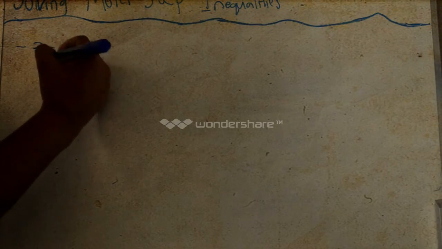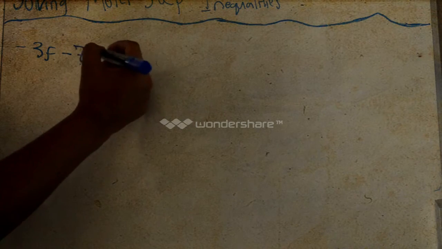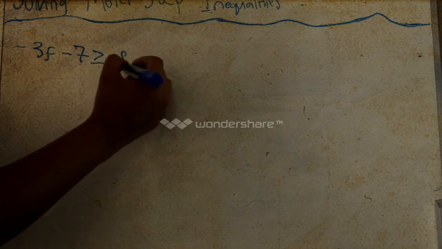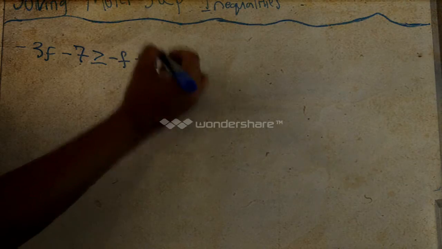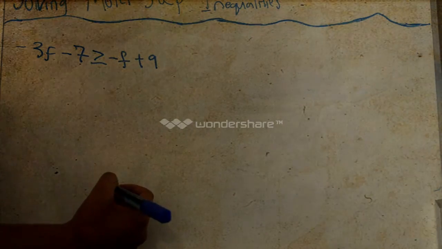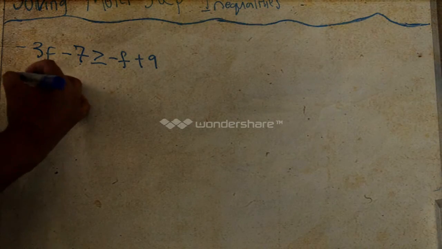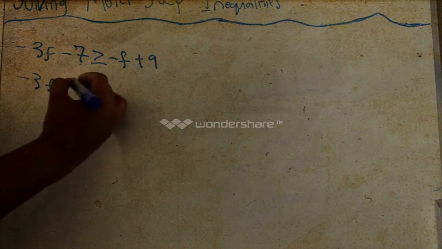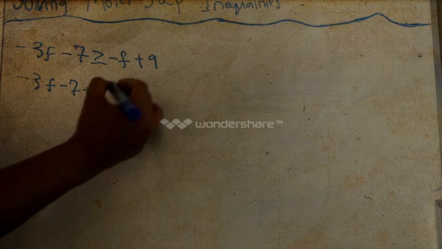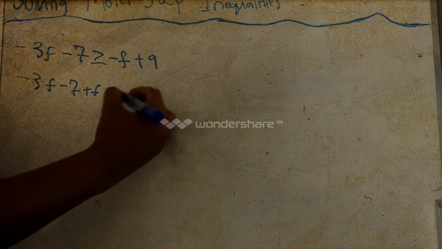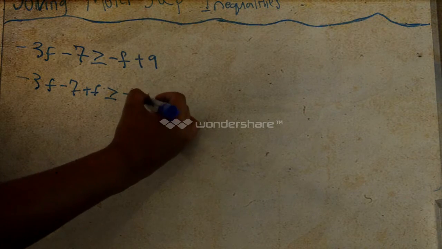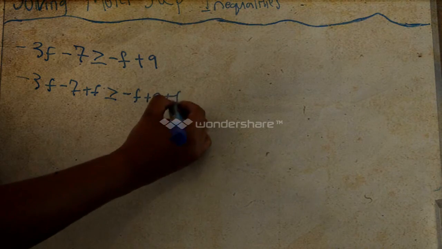Negative 3f minus 7 is greater than negative f plus 9. So now, negative 3f minus 7 plus f is greater than negative f plus 9 plus f.